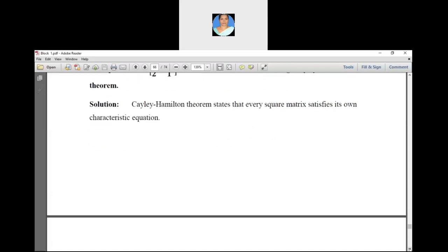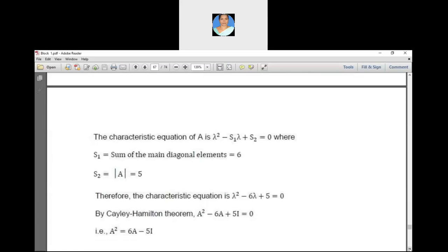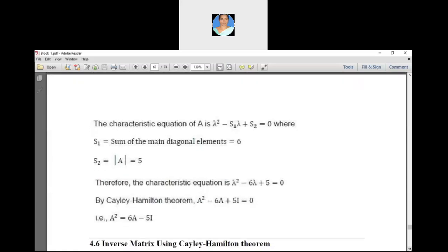The characteristic equation of A is lambda square minus S1 lambda plus S2 equal to 0, where S1 equal to the sum of the main diagonal elements and S2 equal to the determinant of A. We get S1 equal to 2 and S2 equal to 5.